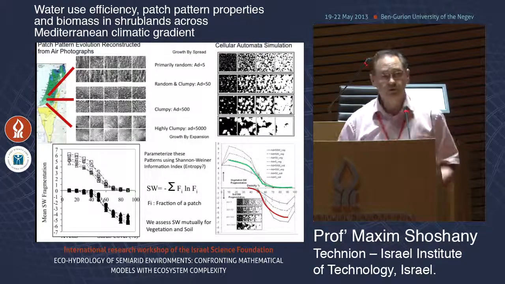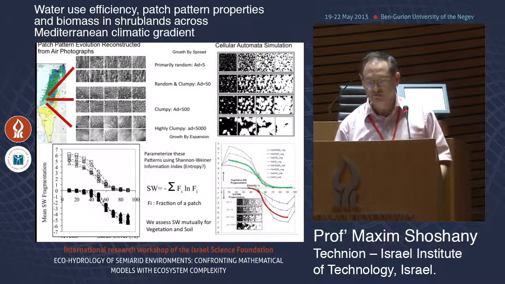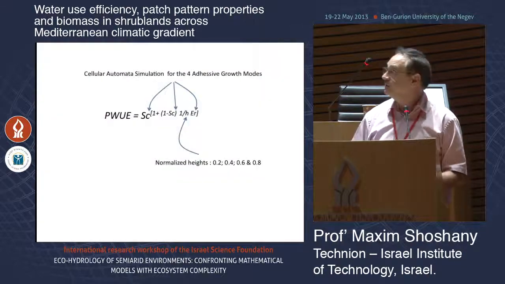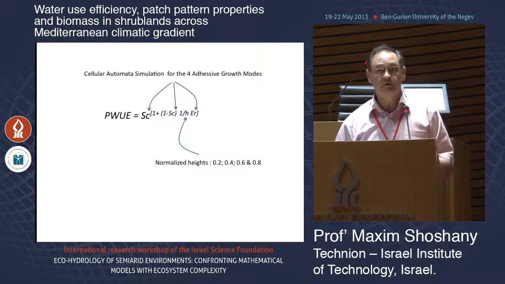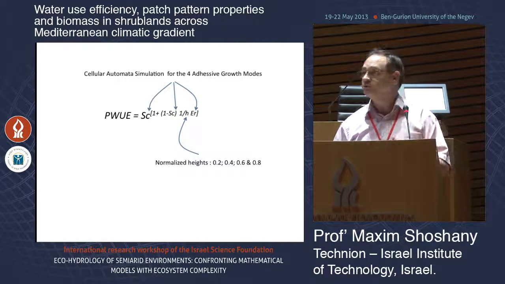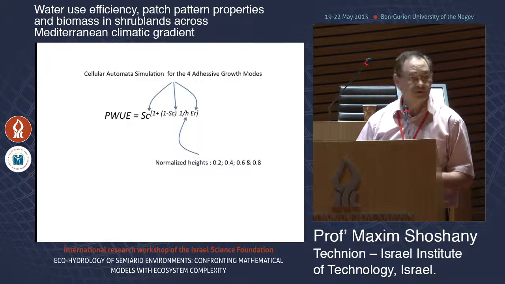So what we conclude from that is we have somehow a representation of the processes which are actually happening in the field. So now, we have a cellular automata model which gives almost continuous data, and we can simulate the pattern water use efficiency with the data that we have constructed there.